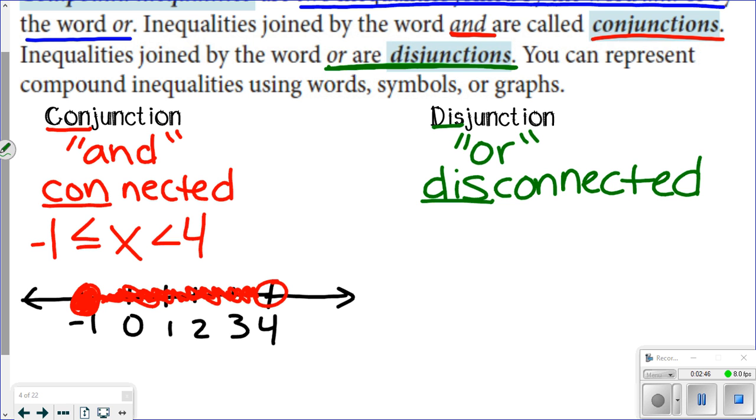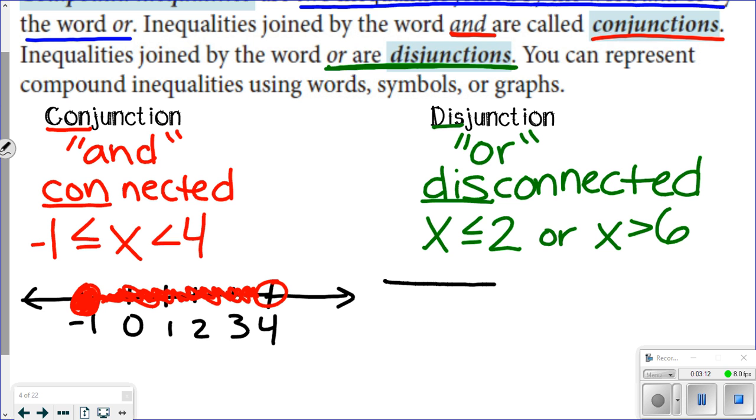Some students in the past have been saying if we use the word or, we shade out, or we shade opposite ways. They all start with the letter O. So, for example, if I have x is less than or equal to 2, or x is greater than 6, that is a disjunction, separated by the word or.